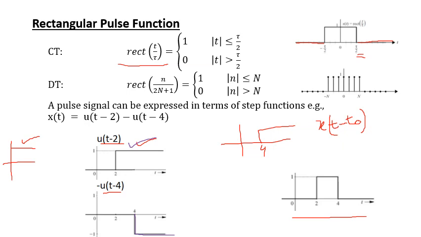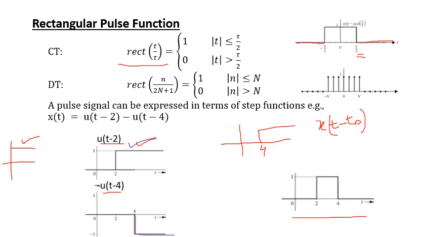So if I take the negative of this one, this negative basically indicates the scaling of the dependent variable. You understand, in case of signals we have only two variables. One is the independent variable, that's why we call it a one-dimensional signal, and the other is the dependent variable. So x of t is the dependent variable and t is the independent variable, right?